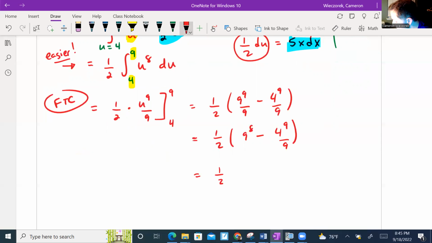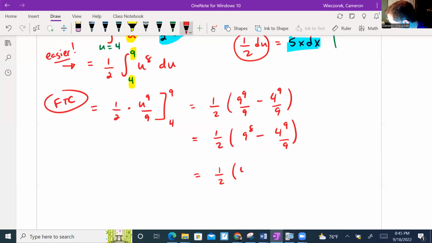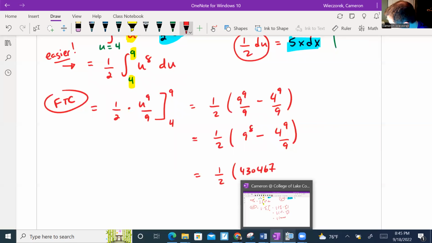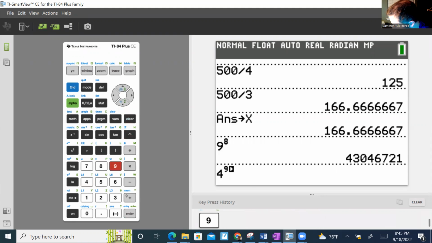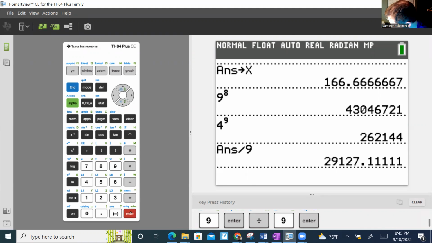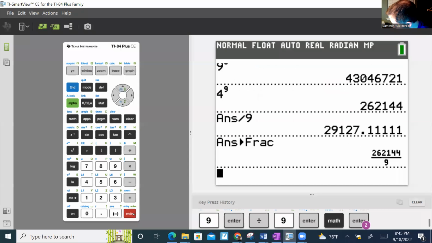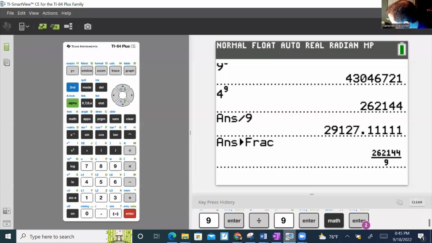So we get 1/2 times 9 to the 8th is 43,046,721, minus 4 to the 9th over 9, which is 262,144 over 9.